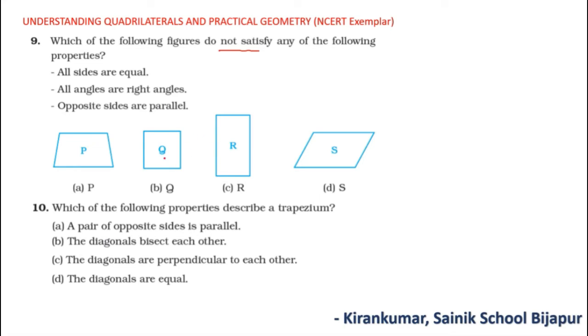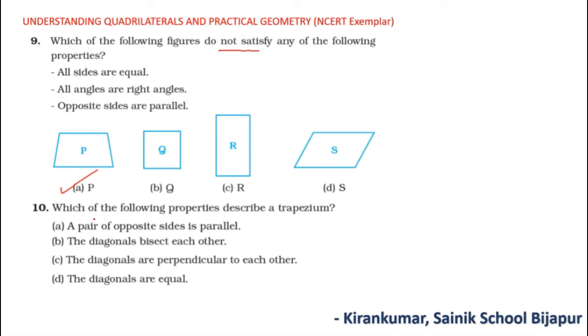All angles are right angles in these two, all sides are equal in only this figure, opposite sides are parallel in all these three figures, only in option A. On observing these figures, we can conclude that figure P doesn't satisfy any of the given properties. At least one property is true in these figures. In figure A, none of the properties are true.